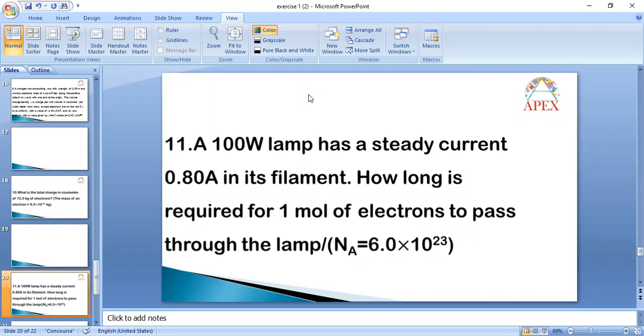Ampere is nothing but coulomb per second. In 1 second, 0.8 coulombs of charge is passing. Okay, that means number of electrons, how many they pass, we can calculate. Based on that, finally you have to calculate how 1 mole of electrons have to pass. See here.